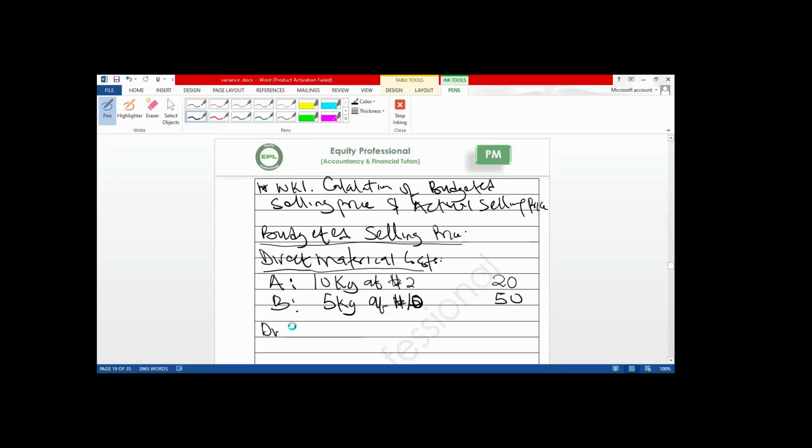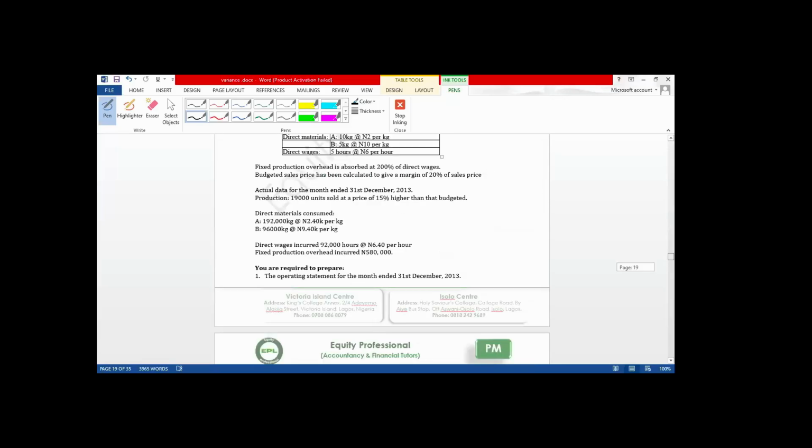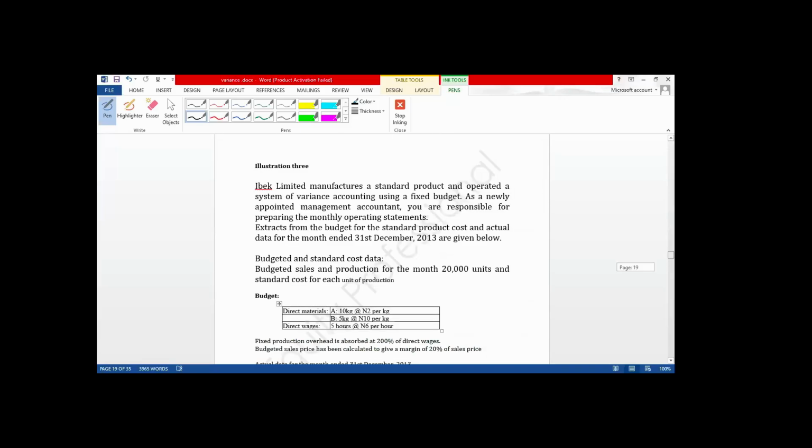Our direct wages to produce 1 unit: standard 5 hours at a rate of 6 naira per hour.